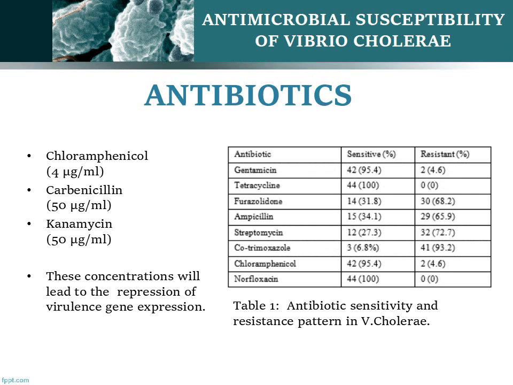The table shows the different antibiotic sensitivity and resistance patterns in Vibrio cholerae. And since Vibrio cholerae can develop antibiotic resistance through prolonged exposure, synthetic biology can also be used as an alternative to overcome this issue, which will be continued in the next slide.